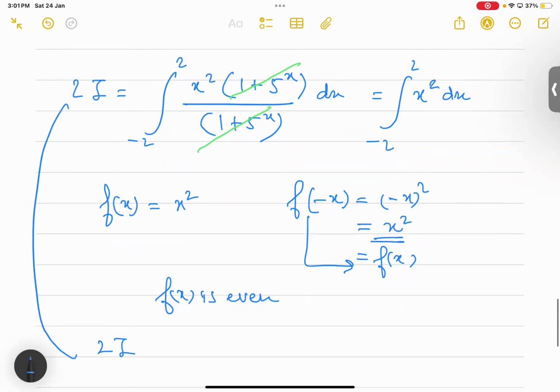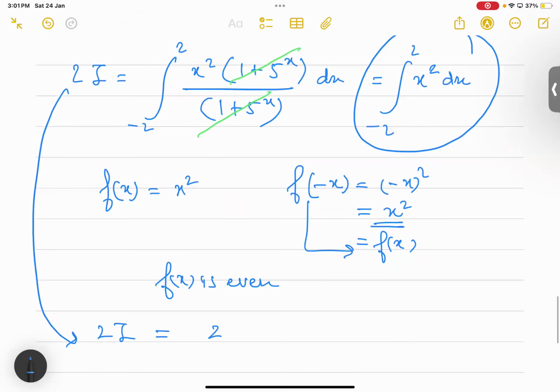This is 2I, no change. For an even function, 2 comes over here by default, and the lower limit will be 0. Then solve this normally.